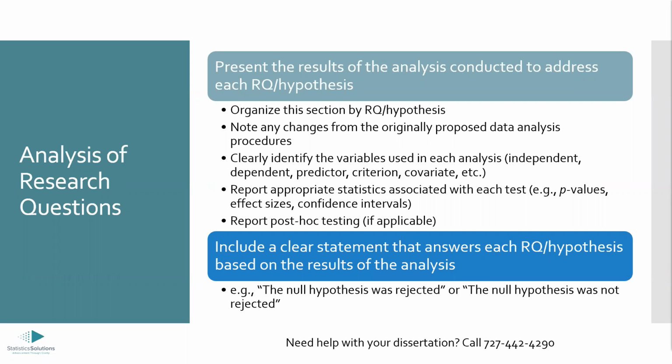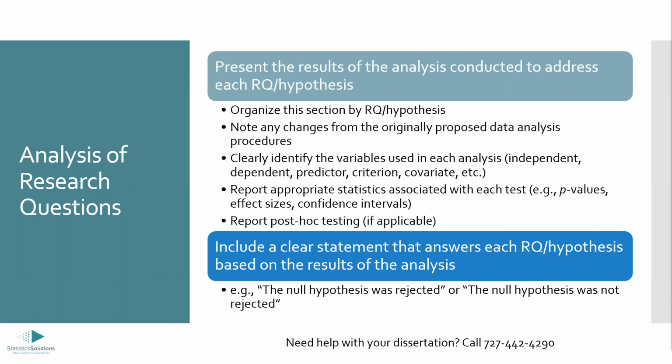And very importantly, you want to include a clear statement that answers each research question or hypothesis based on the results of the analysis. So after you present the statistical results for each test, you then want to make a very clear, simple statement that addresses the research question or hypothesis.